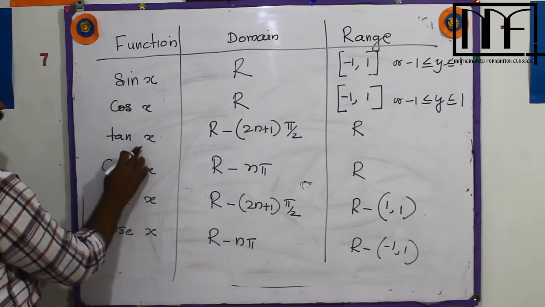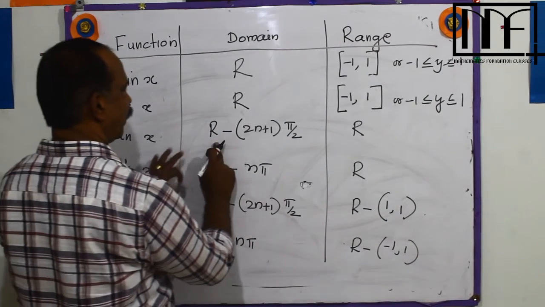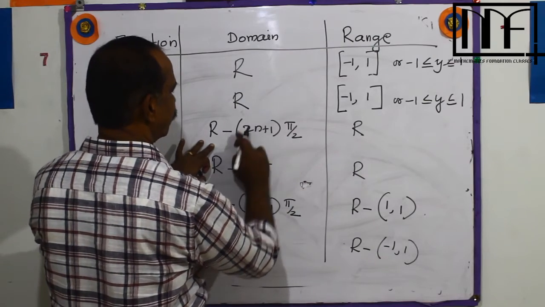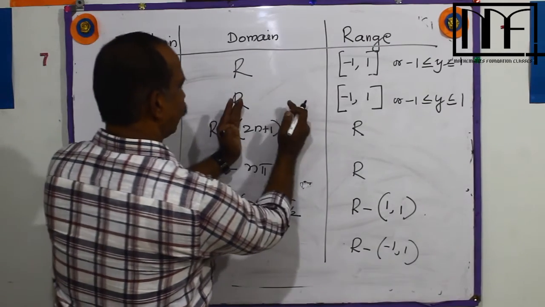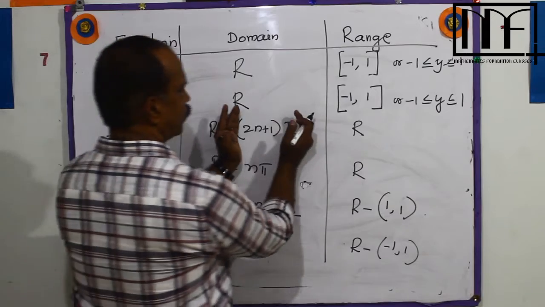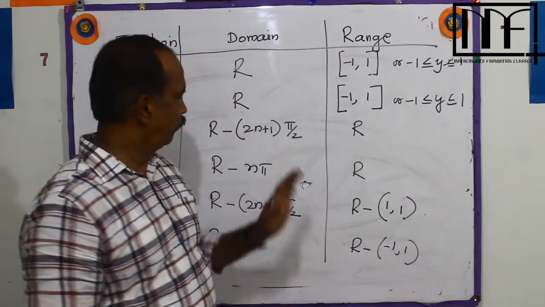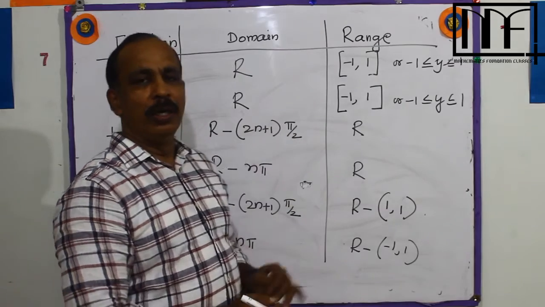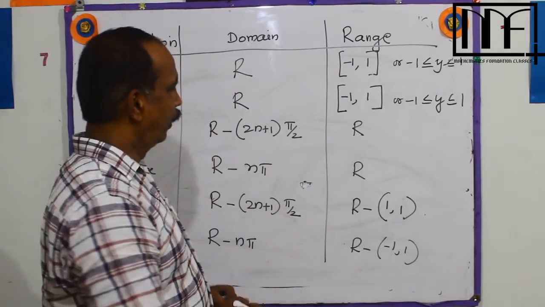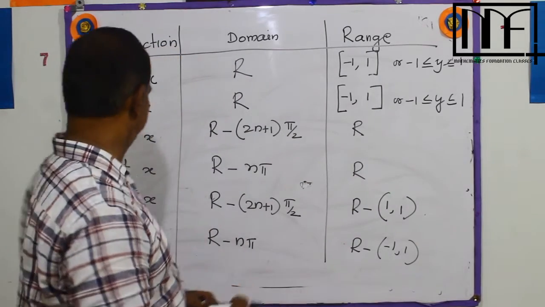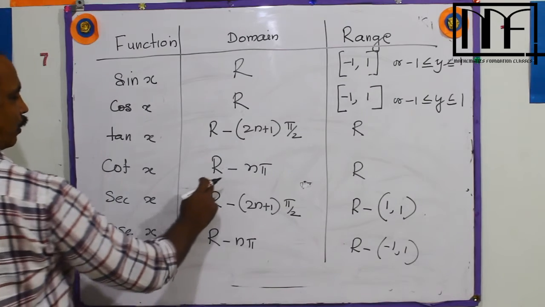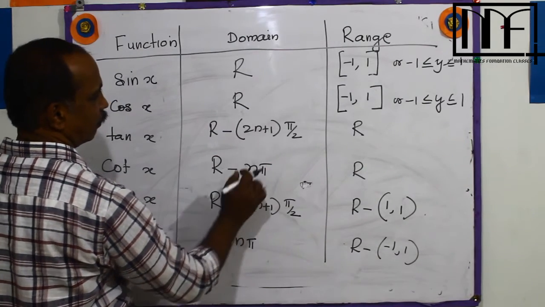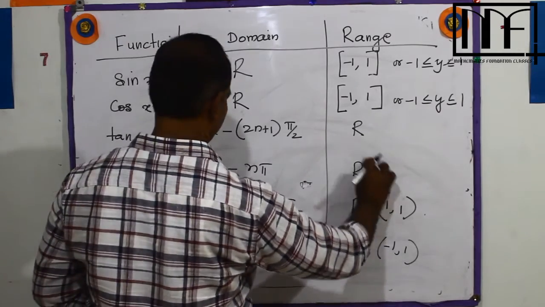In case of tan x, the domain is real numbers minus (2n plus 1) into pi by 2. Those values are not possible here. From the real numbers, these points are excluded because at these points the graph goes to infinity. And again, the range is real numbers. Cot x: domain is R minus n pi, and the range is the real numbers.